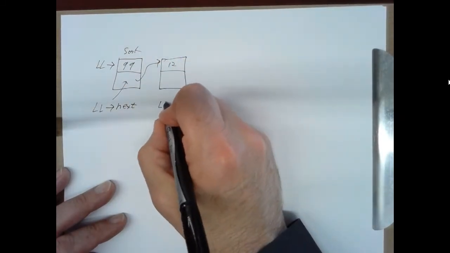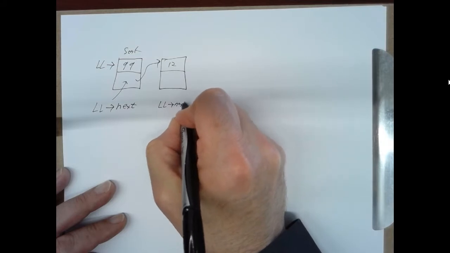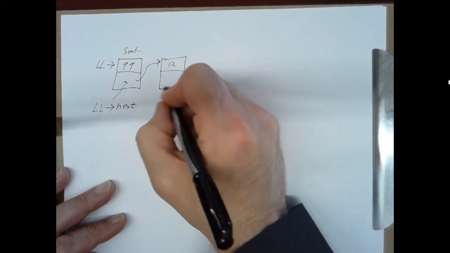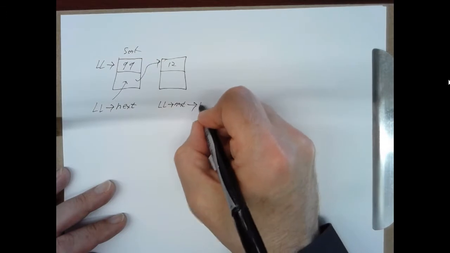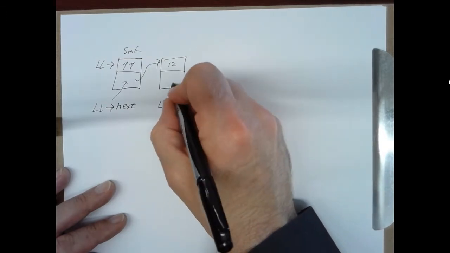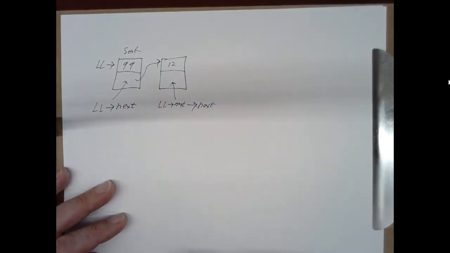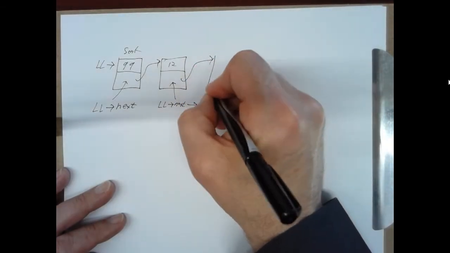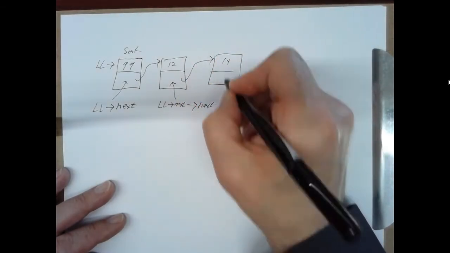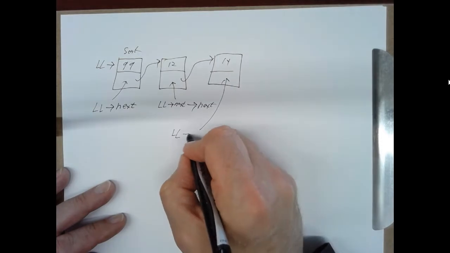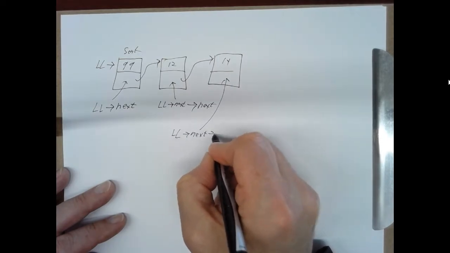And so if we take LL arrow next, and we take the thing that's pointing to, that's this struct node. And so its next field is this block right here. And that points to a 14. And this is LL next, next, next.